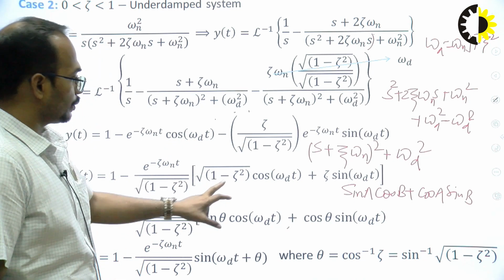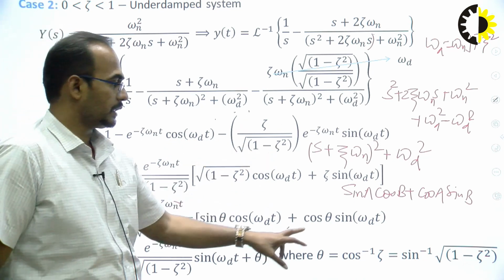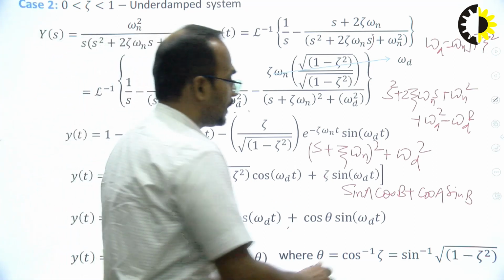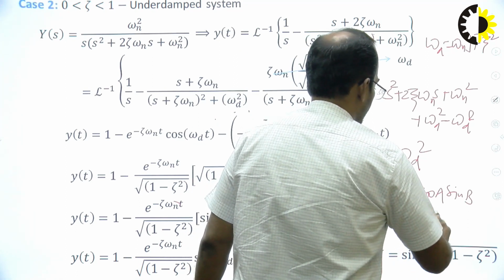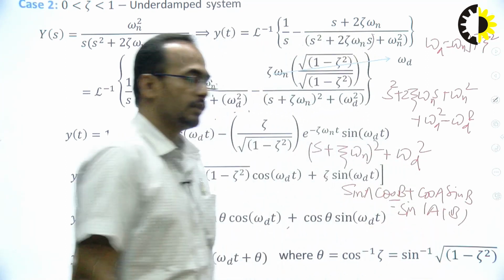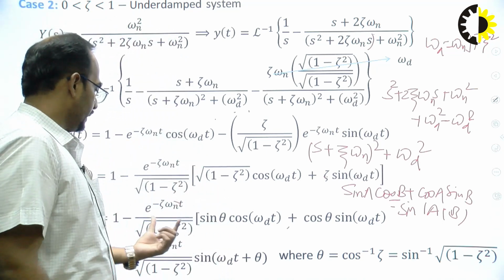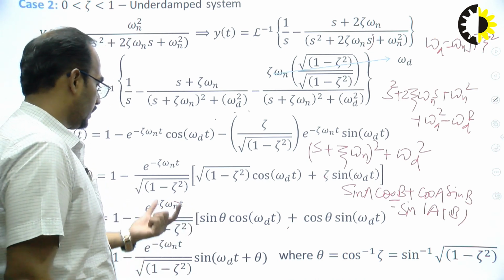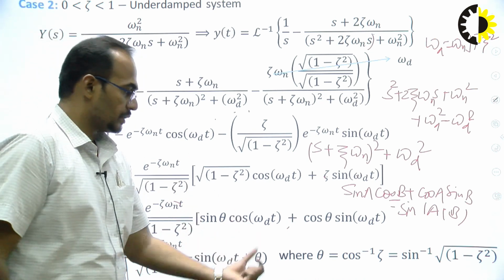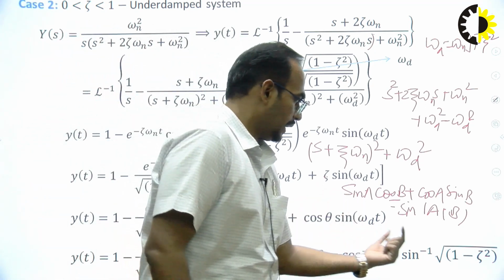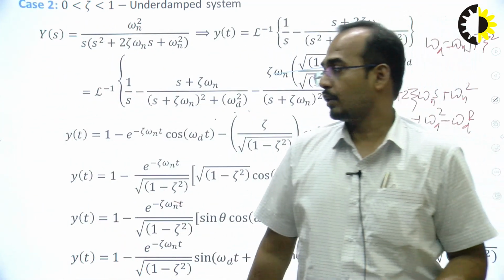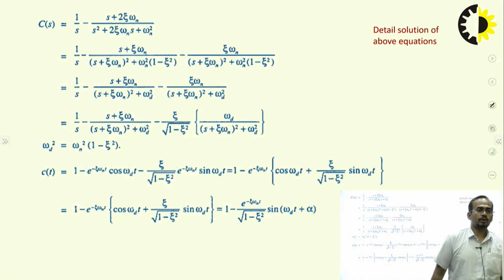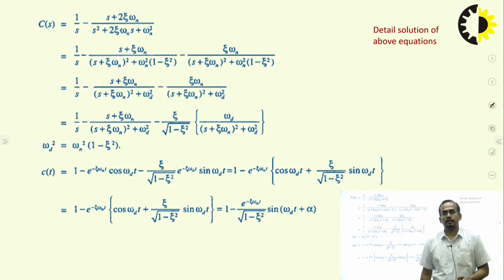If sin theta is equal to under root 1 minus zeta square, then cos theta will be equal to zeta. So we can write sin (omega d t plus theta). This is nothing but sin (a plus b), which is sin a cos b plus cos a sin b. So we can write 1 minus e to the power minus zeta omega n t upon under root 1 minus zeta square into sin (omega d t plus theta), where theta is equal to cos inverse zeta, which is equal to sin inverse of under root 1 minus zeta square. Now we can see this is equal to this, and we are getting this.